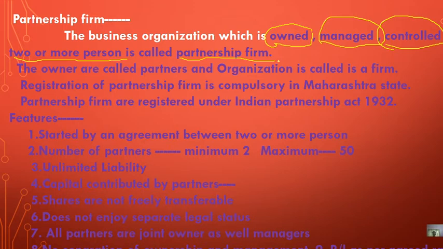They decide how much amount, if there are two partners Mr. A and Mr. B, how much Mr. B invests as capital and how much Mr. A invests as capital. So they decide the ratio of their capital, and as per their ratio they invest their money in the business as capital. But the capital contributed by partners is limited compared to the capital of a cooperative society and company business, that is, limited capital.